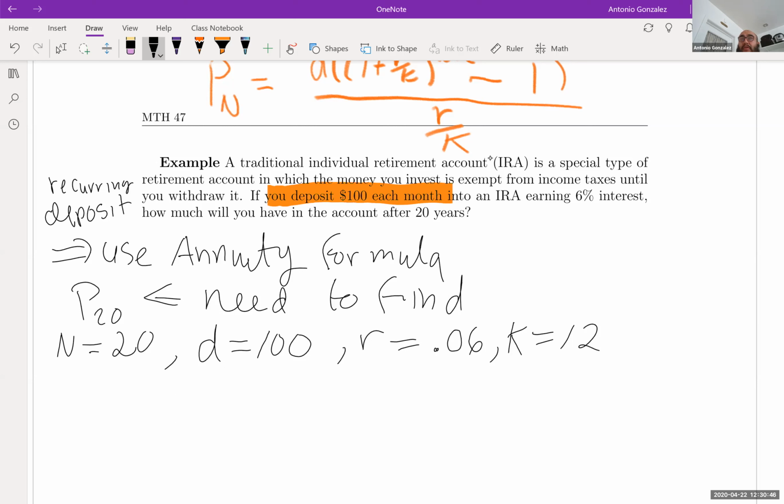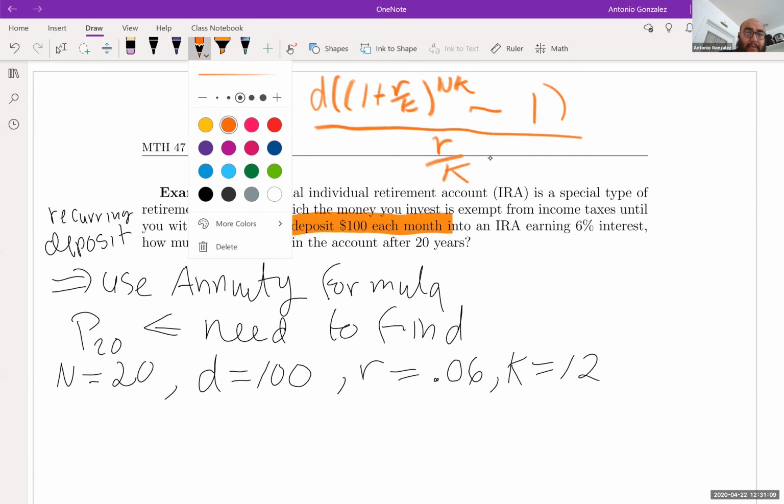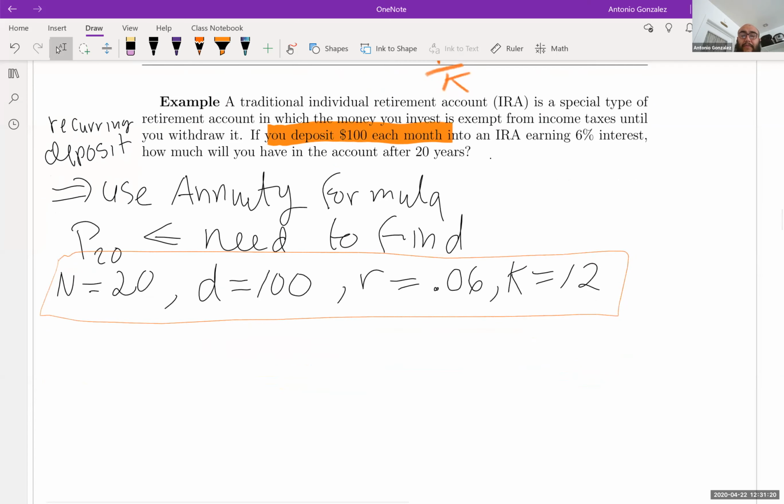If we made a quarterly deposit, then we'd assume K is 4, since it's quarters. However often the deposit occurs, we assume that's how often you are earning compound interest. I think we have everything we need to plug into my formula.